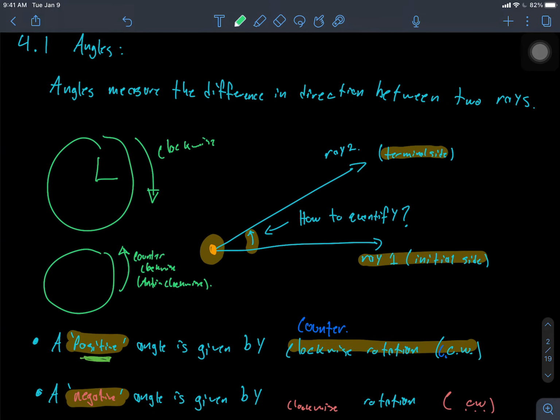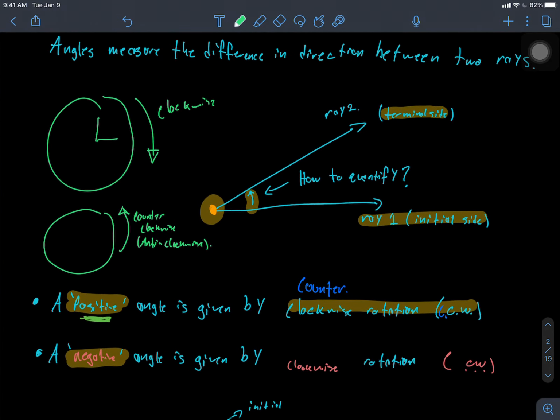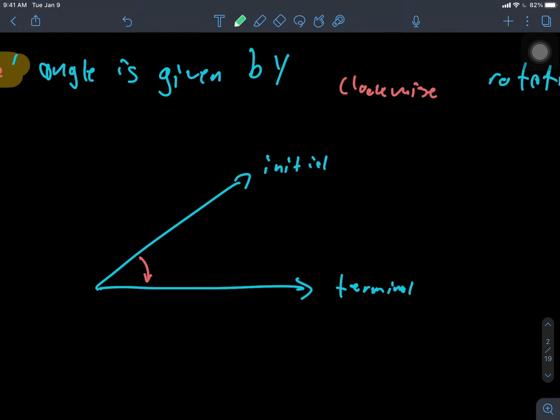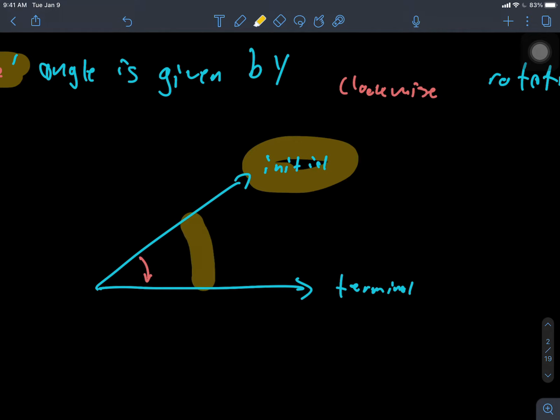And a negative angle is one given by a clockwise rotation, for example, something which looks like this. In this case, our initial side is up here, and then we rotate it clockwise in order to get to the terminal side. So we would call this angle a negative angle.